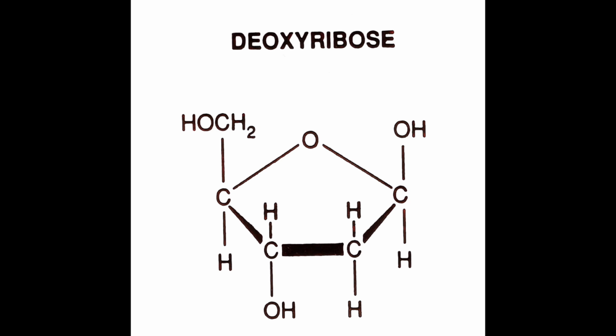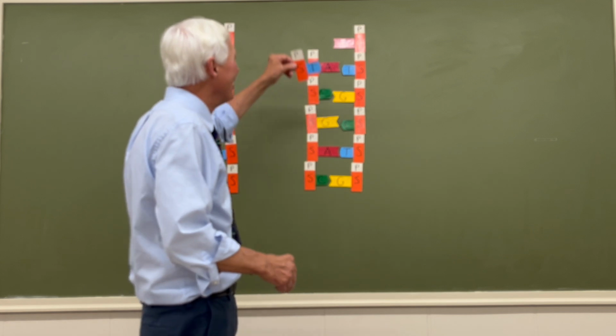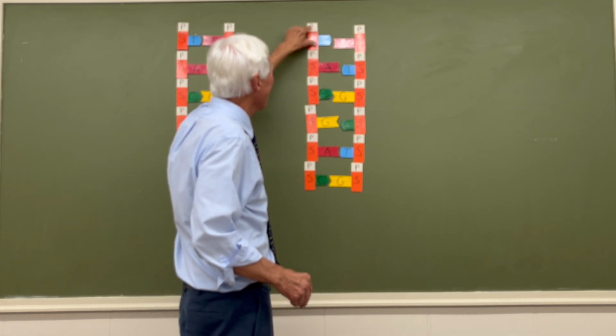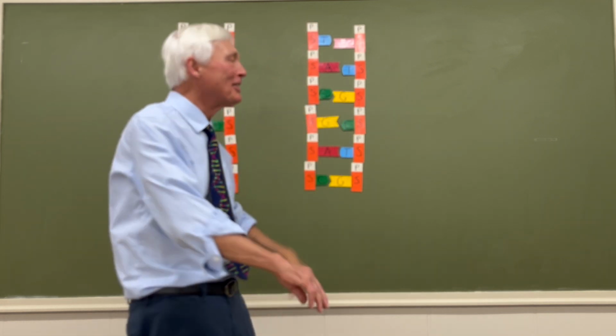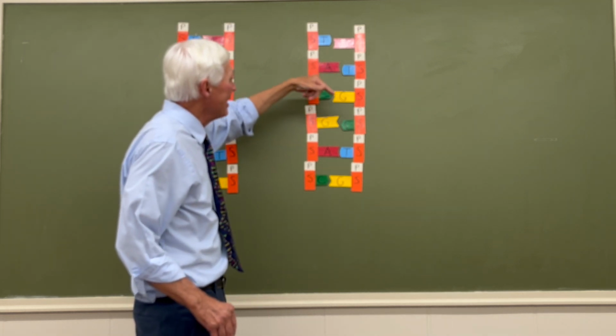And you can kind of see that it's made up of a bunch of carbon and hydrogen and oxygen atoms. So I want you to gain appreciation for the complexity of this molecule. We don't have to memorize the structure of it, but just have some appreciation. Show some respect. And the bases, A and T and C and G.